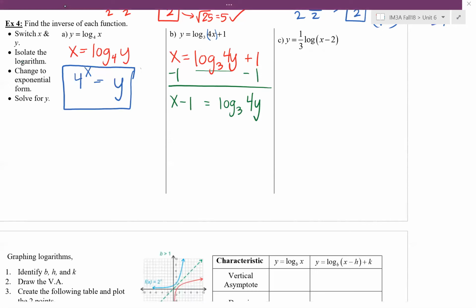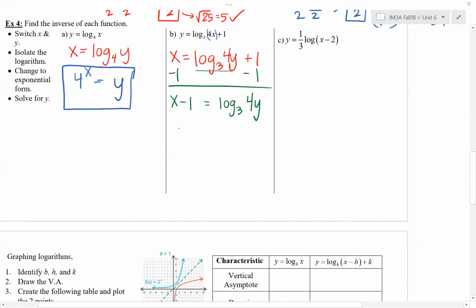I'm going to rewrite this as 3 to the x minus 1 power equals 4y. So kind of think about it as the piece that was with the 3, they switch, right? So the x minus 1 ends up as the power, the 4y ends up by itself.